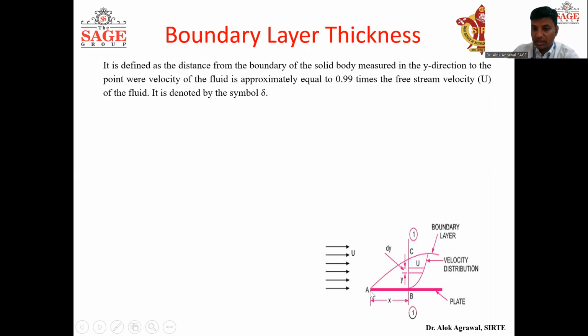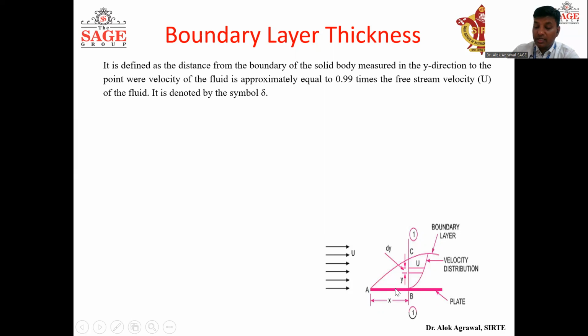What does it mean? Boundary layer thickness is the distance from the plate in the y direction where the fluid velocity again attains 99% of the actual velocity. As we have seen in boundary layer theory, when we put a plate in a flowing fluid, there is a reduction in the velocity of the fluid near the plate.